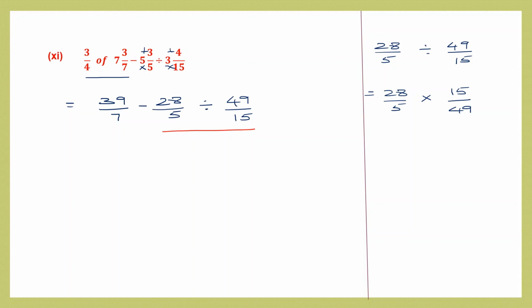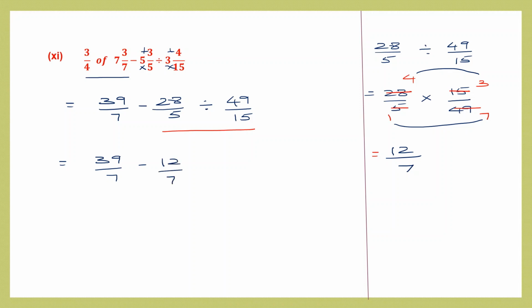Let's cancel 5 and 15. 5 ones are 5, 5 threes are 15 and 28 and 49 by 7. 7 fours are 28 and 7 sevens are 49. Nothing else to be cancelled, so let's multiply the numerators. 4 threes are 12 and in the denominator 1 into 7 is 7. So here we get 12 by 7. So this is 39 by 7 minus 12 by 7.